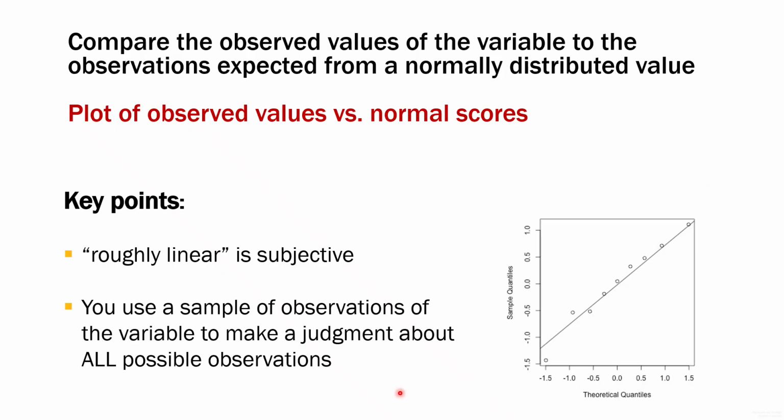You're comparing the values that you actually observed with ones that you would expect from that normal distribution. And then you look to see if that is roughly linear, which again is a bit subjective. You use a sample of observations, and then you can make a judgment about all of the possible outcomes that you have.